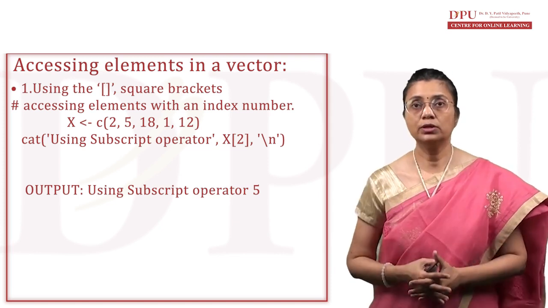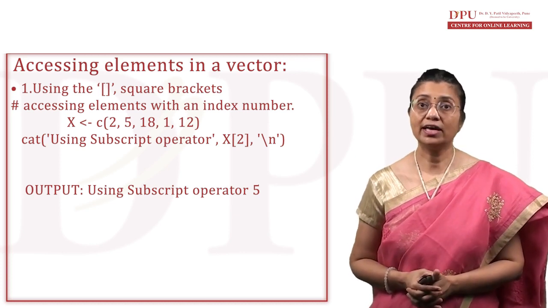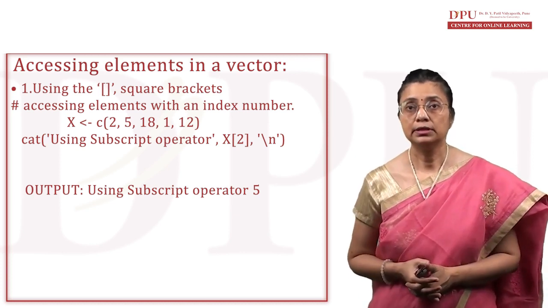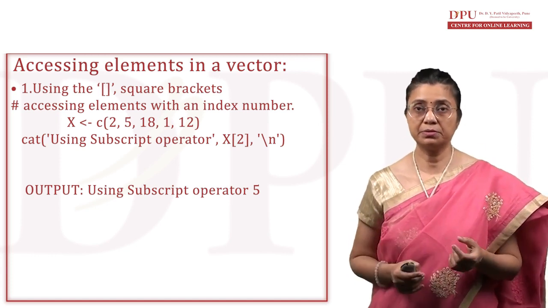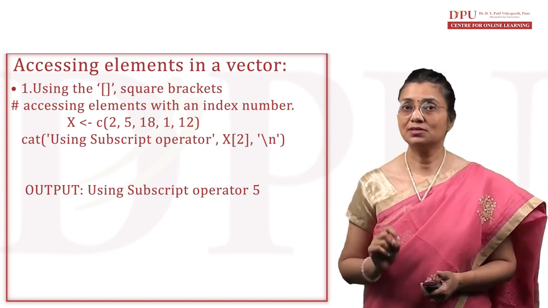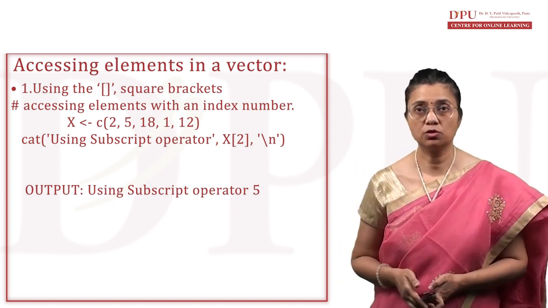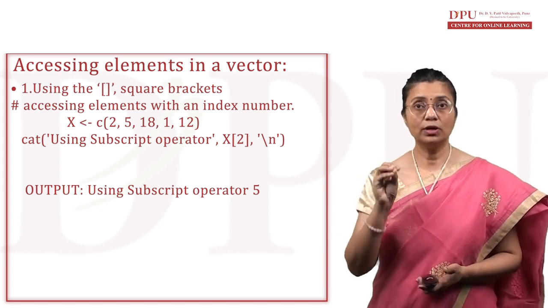The second value in this particular vector is 5. So you can see the output using the subscript operator is 5. With the help of the subscript, I'm explicitly fetching the second position. The second position is 5, and automatically the output is also 5. That is how I can operate on individual elements.